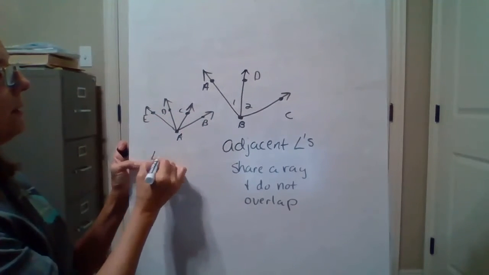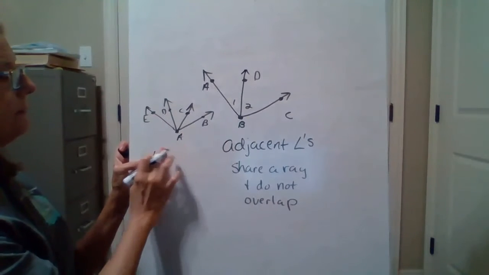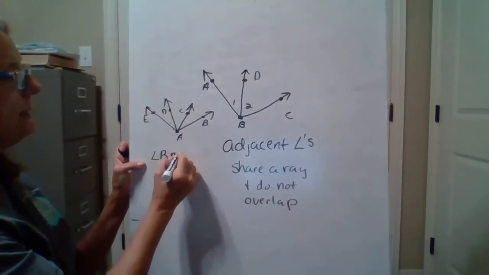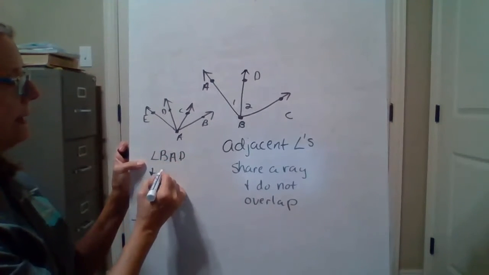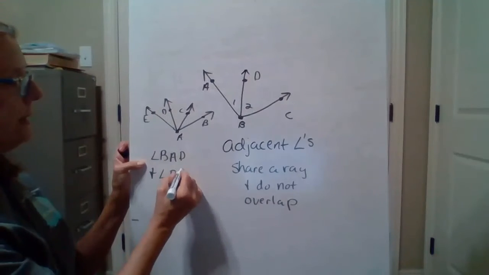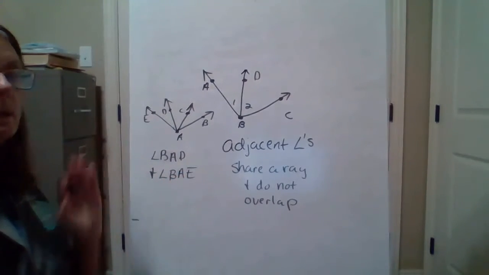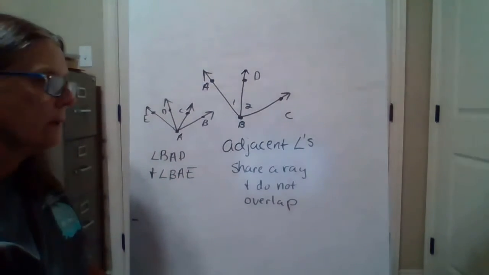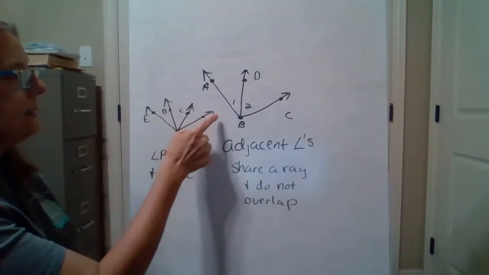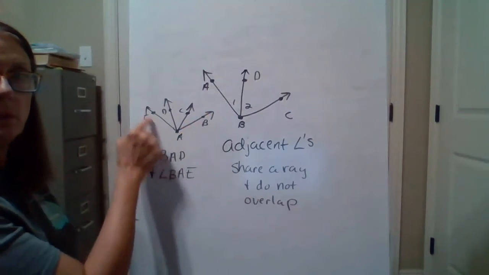They may say, are angle BAD and angle BAE adjacent? And they're not, because one angle is inside the other. BAE is this whole angle.